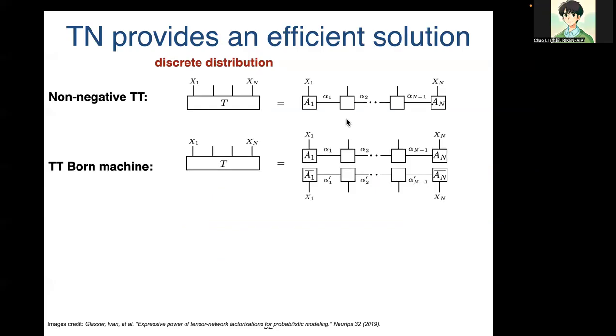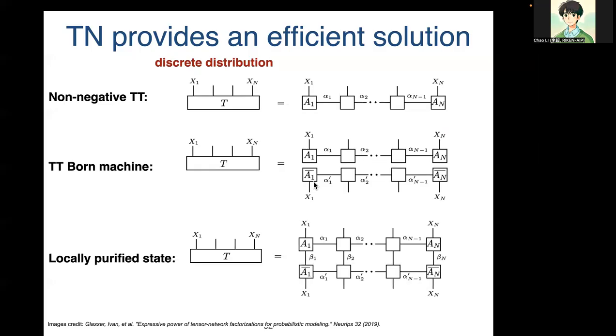It starts with a tensor network like a tensor train, and then makes a copy where each core tensor is replaced by its complex conjugate. Multiplying the two tensor networks guarantees a non-negative distribution, even if the core tensors themselves take any values. The third way is called LPS, similar to the Born machine, but it imposes additional construction between the core tensors to capture richer correlations.